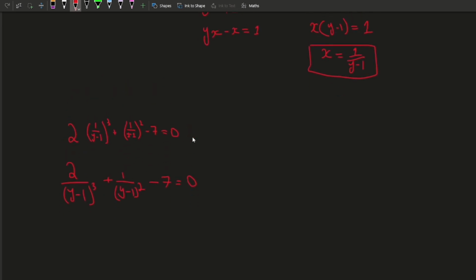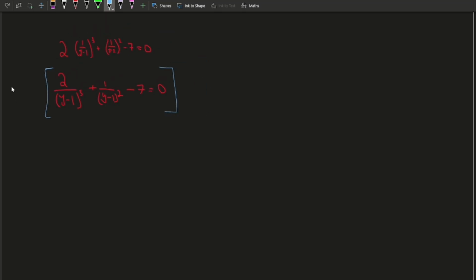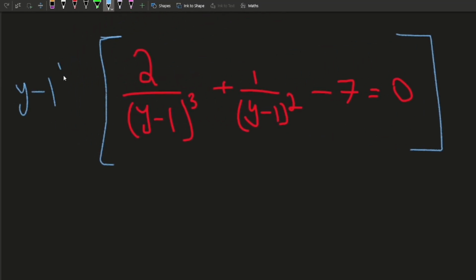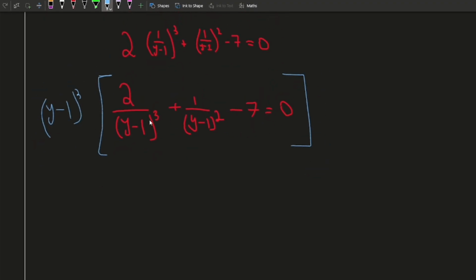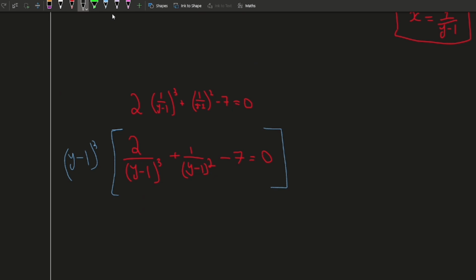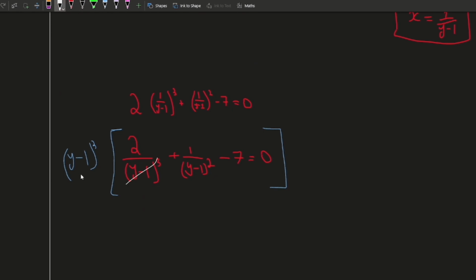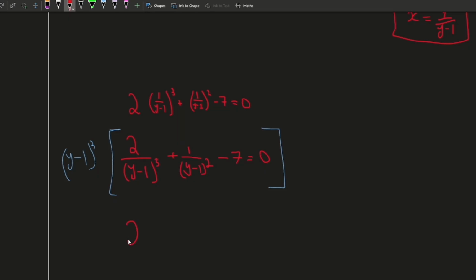Okay, now of course we are dealing with fractions. It would be a bit harder. So let's multiply the whole equation by y minus 1 cubed to eliminate the fractions. So this and this will get cancelled. We will be left with 2.